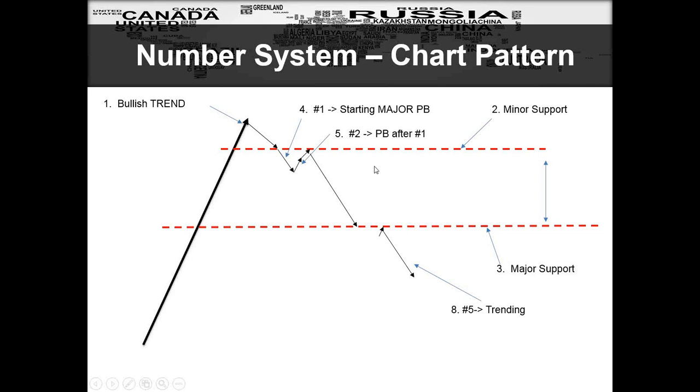Are you okay with that? Okay? So if you're a counter trend trader, in this scenario since it's bullish, you're going to be looking for a red 1 or 2. If you're a trend trader, you're going to be looking at scenarios where price gets to this major support, and then you're going to look for it to bounce off there and to start going back up. Are you okay with that?